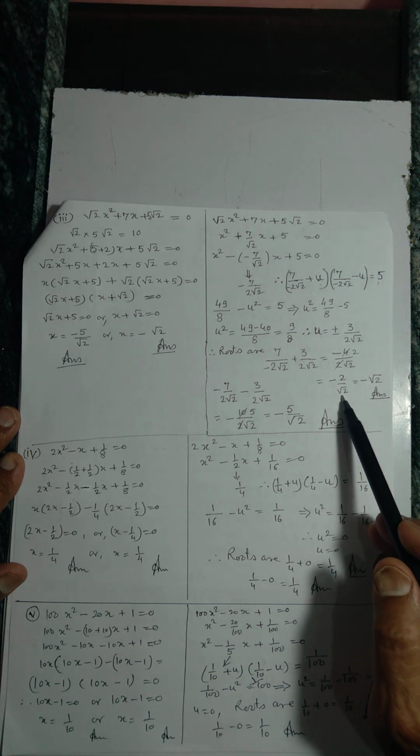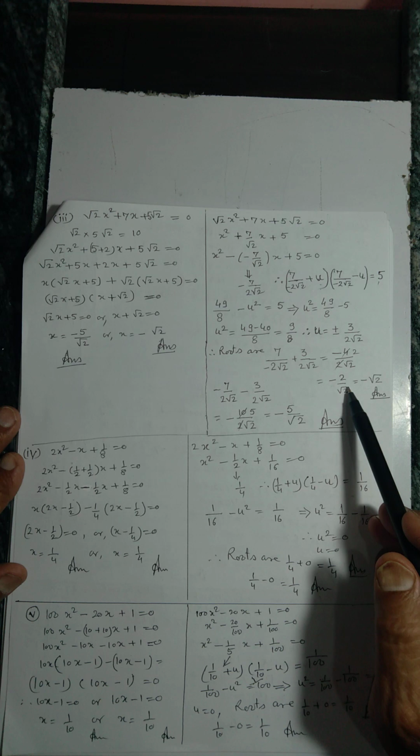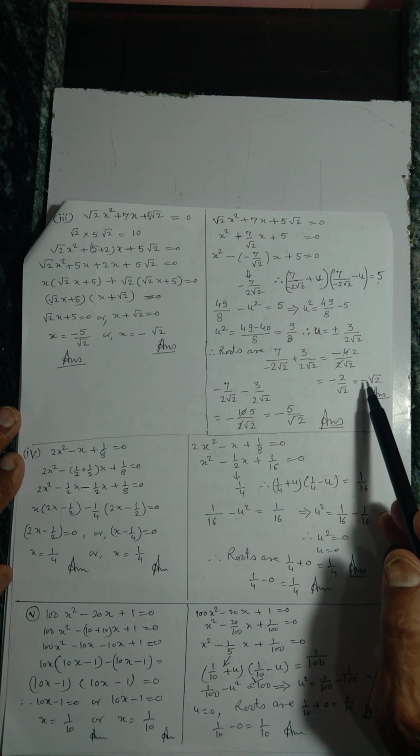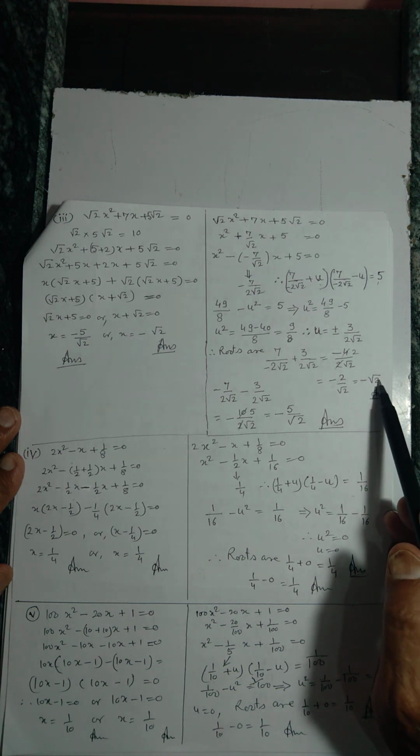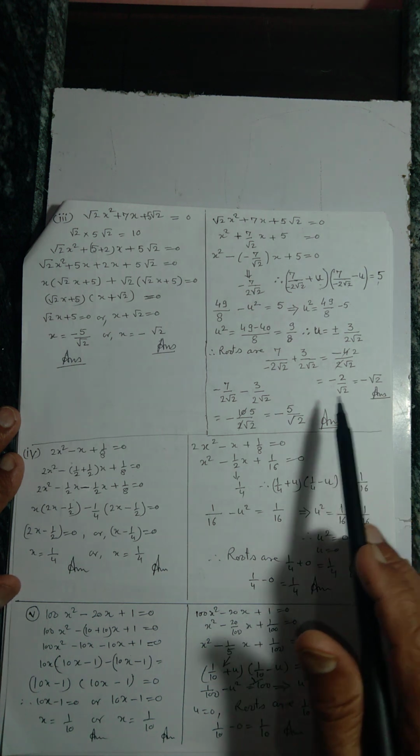Minus 2 upon root 2 will be equal to, just 2 can be expressed as the product of root 2 into root 2. So one root 2 will cancel the denominator part. Now the second one will be left as the sole answer for it, that is minus root 2. This will be one of the roots of the quadratic equation.